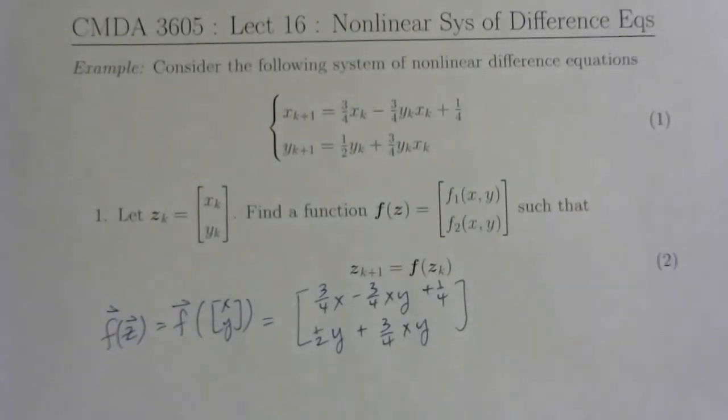So this is what our f should be. And does it satisfy this condition here that z at time step k plus 1 should be f of zk? Sure it does, right? Because all I'm going to be plugging in is xk's and yk's for the x's and y's here. That's going to be zk. So no problems there at all.